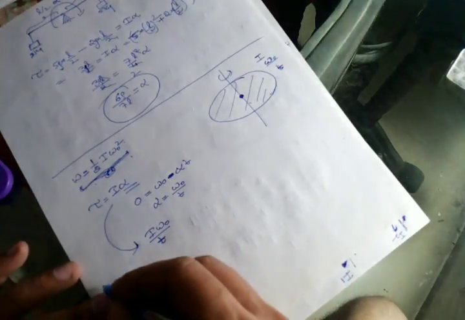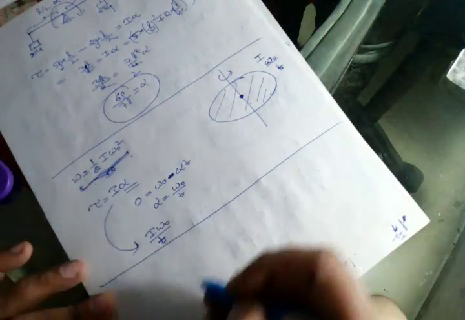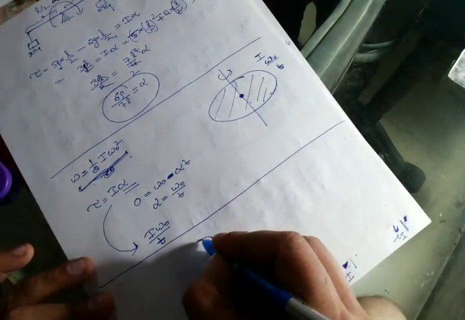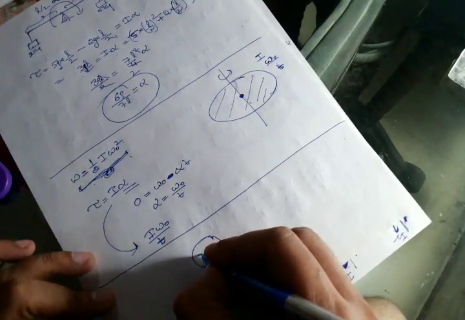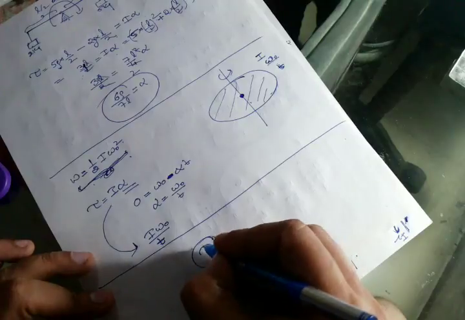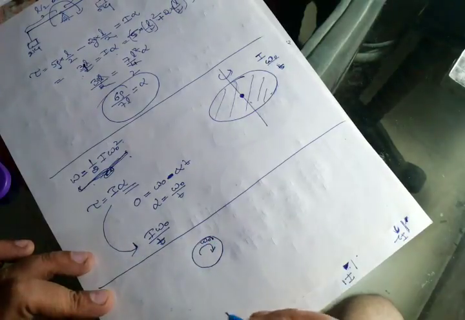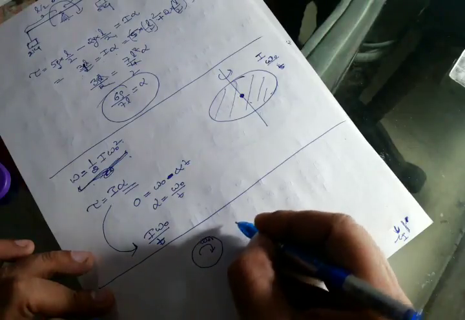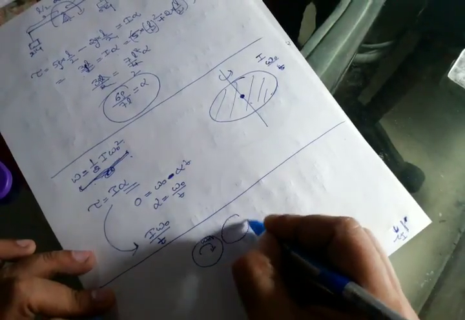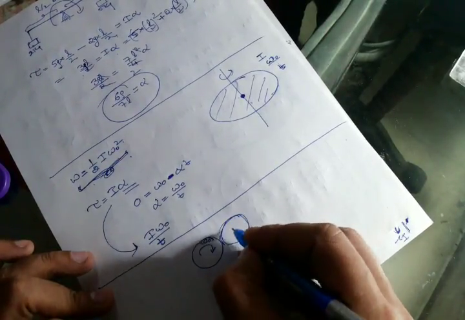There is another problem also. The initial velocity of this cylinder was omega naught, and there was another cylinder that was initially at 0.